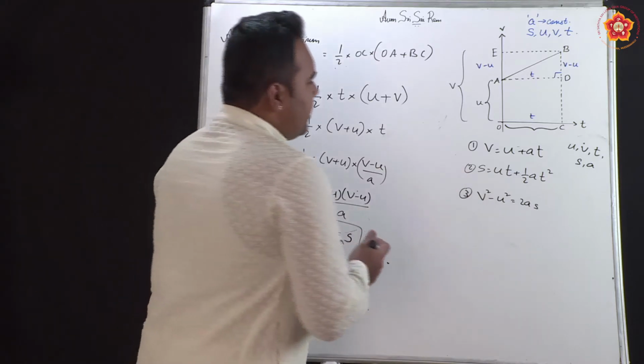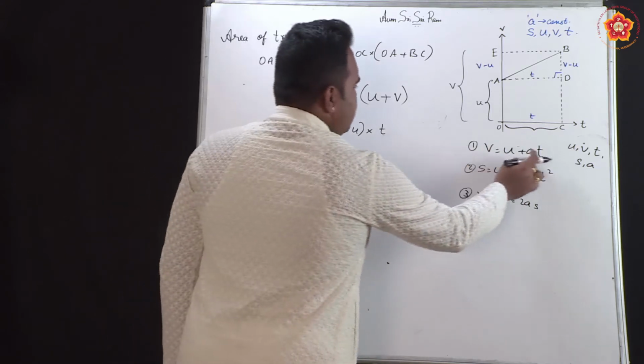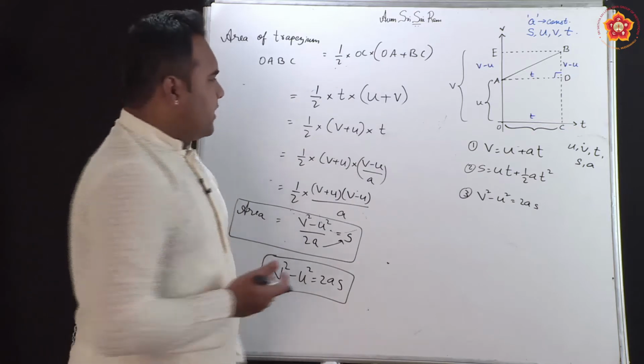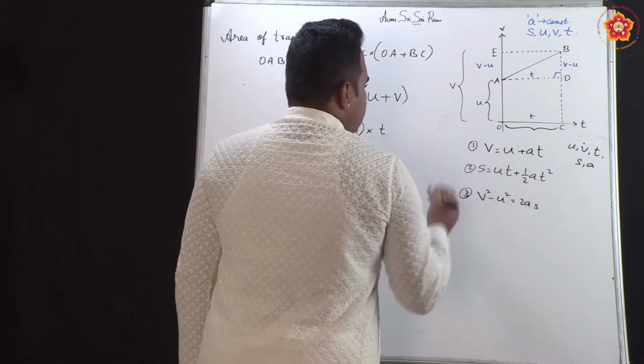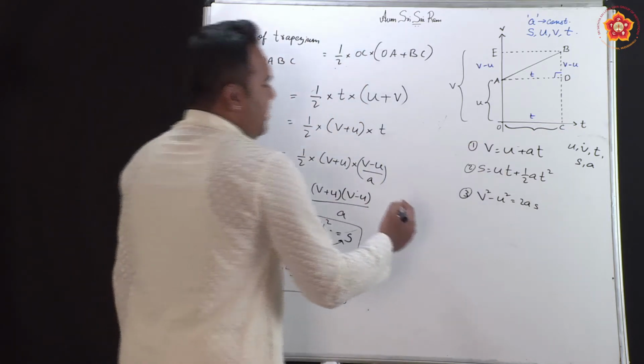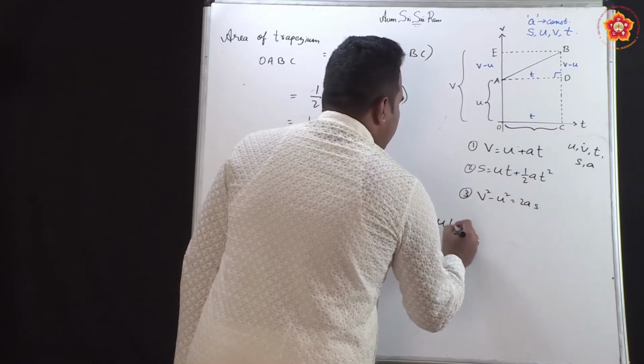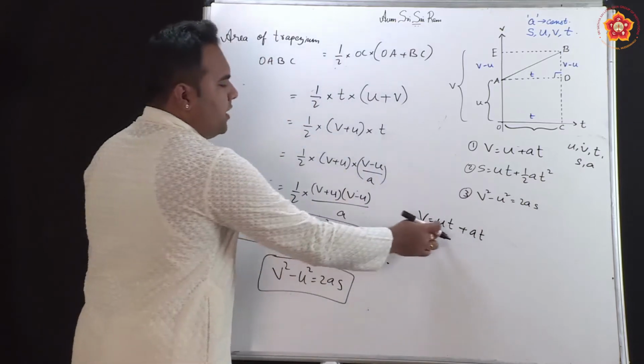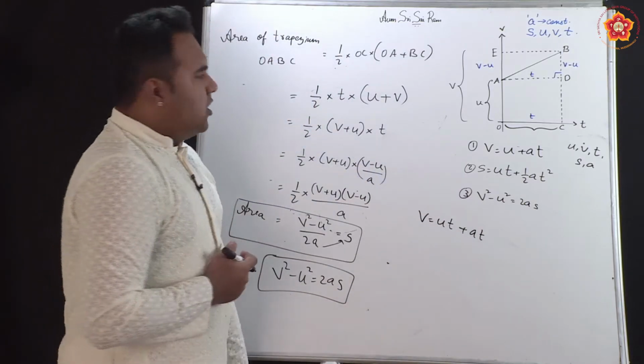And one more important thing, if you look at these equations, they are exactly balanced in terms of their units. For example, suppose when you are solving a numerical and by mistake you wrote v is equal to ut plus at, instead of u plus at, definitely we get a wrong answer.